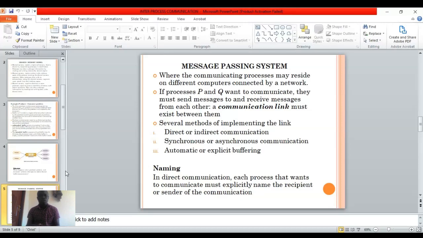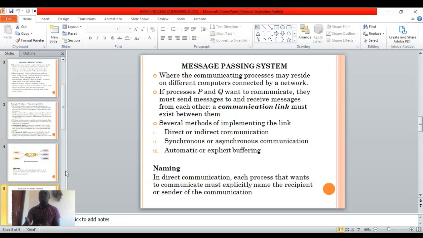Now, the first one involves naming. In direct communication, each process that wants to communicate must explicitly name the recipient or the sender of that communication. So there is an explicit way to ensure that this message, as it leaves point A, is going to point B, and therefore this is the recipient and this is the sender.